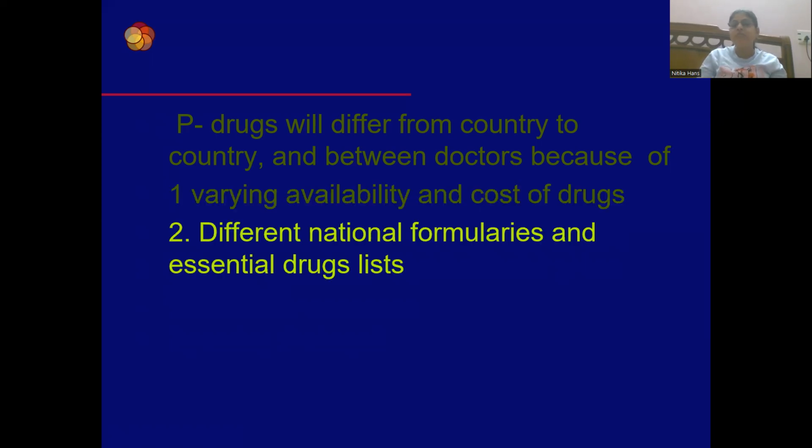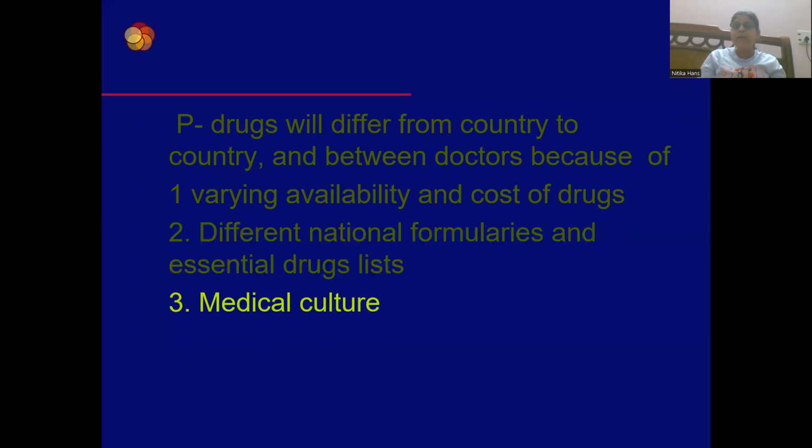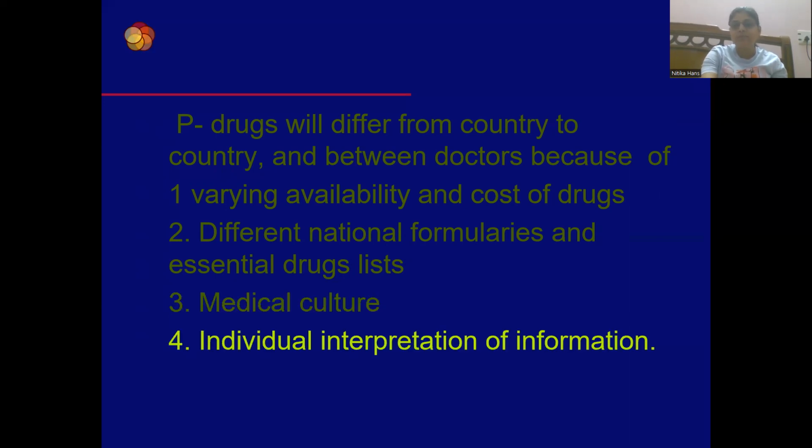Different national formularies: there are various national formularies of the countries and essential drug lists, and the P drugs vary according to them. Then the medical culture of that particular area may differ, so the P drug varies from country to country as well as between doctors.